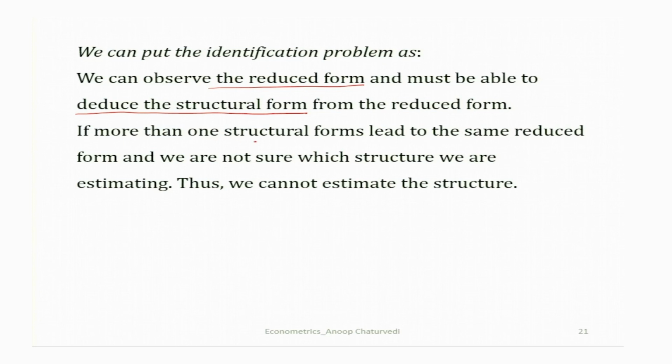Now, if more than one structural forms lead to the same reduced form and we are not sure which structure we are estimating, then we cannot estimate the structure, and in that case we say that the equation is unidentified, it is not identifiable, because on the basis of estimates of reduced form coefficients, you are not sure which structural form you are estimating, or which structural form has led to this particular reduced form.